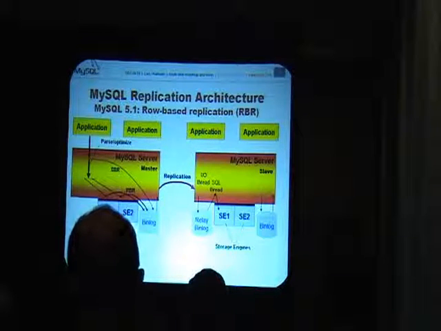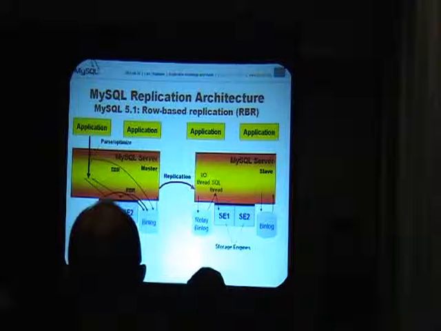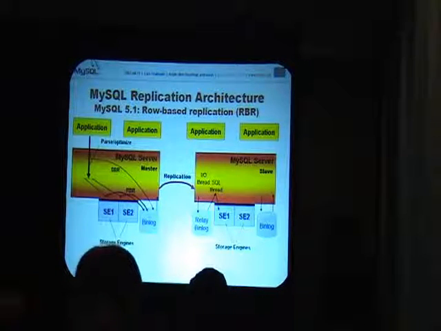In 5.1, we introduced row-based replication. And in this architecture, it's not only that the statements, as they are given from the user, are logged to the bin log.